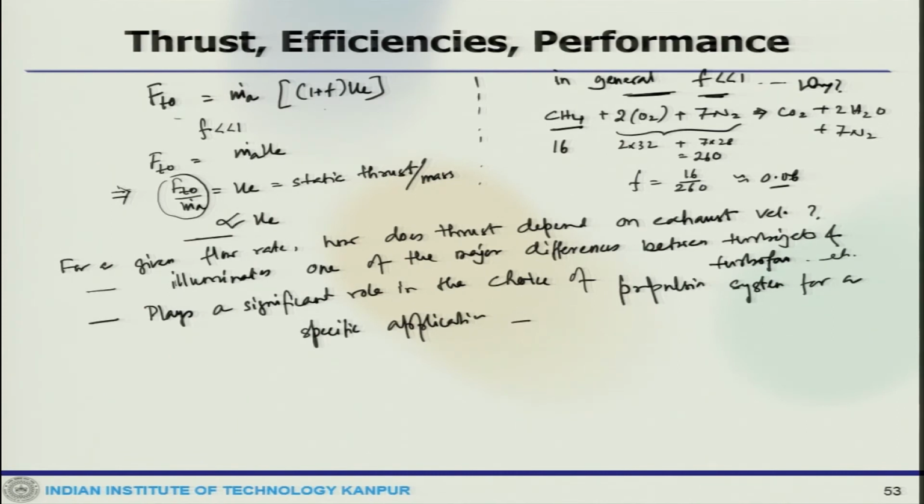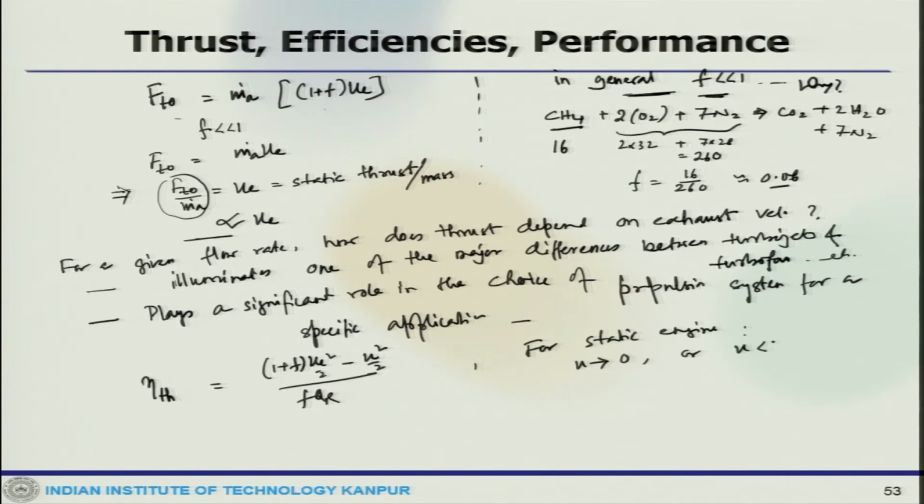So, we have already derived the relationship for the thermal efficiency, which is 1 plus F minus U square by 2 by F into Q r. Now, for a static engine, U goes to 0 or U is very small compared to U e, and at the same time F is smaller than 1.